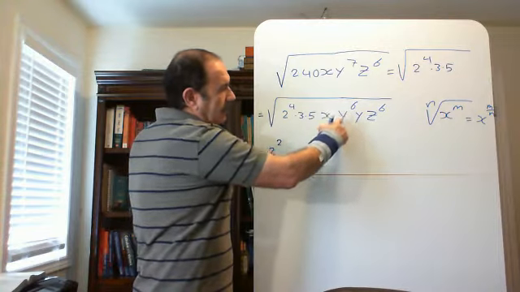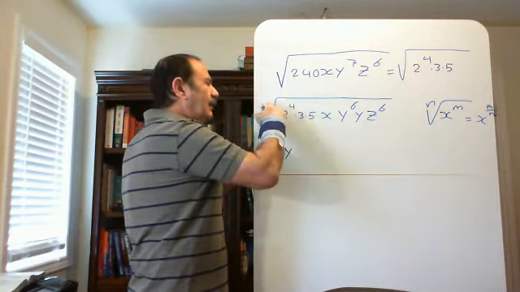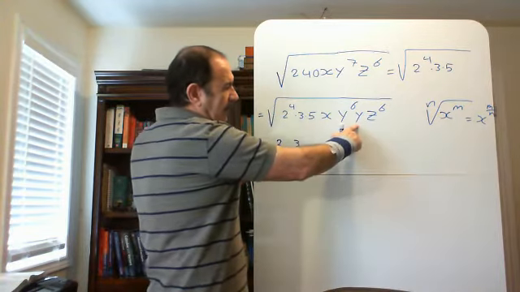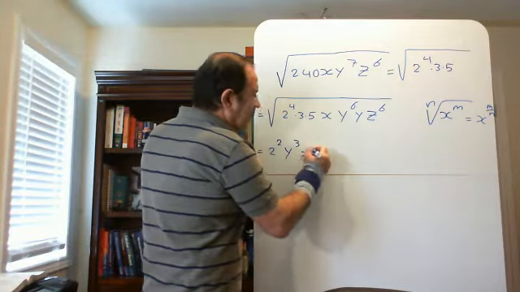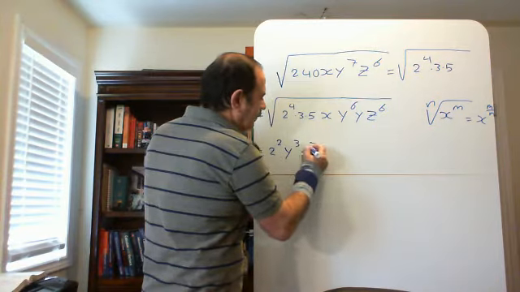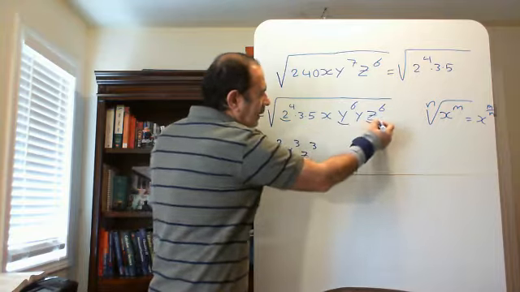This y to the power of 6, I can take it out, y to the power of 6 divided by 2, which is y to the power of 3. This y remained under the radical, and z to the power of 6 is going to be z to the power of 6 divided by 2, which is z to the power of 3.